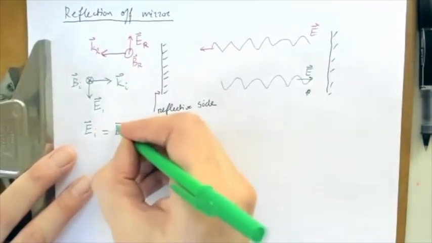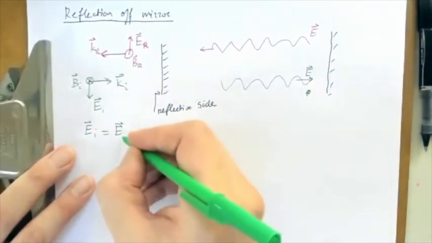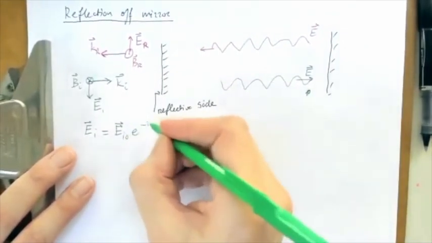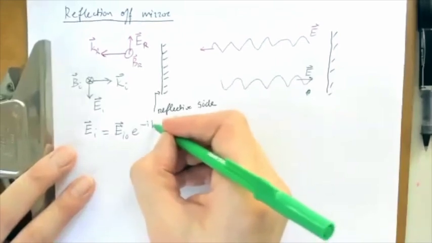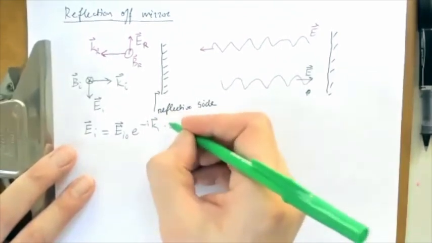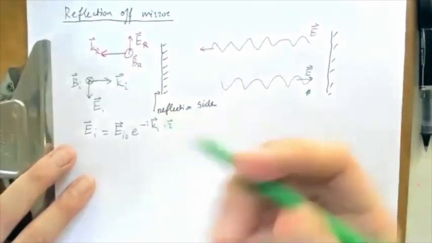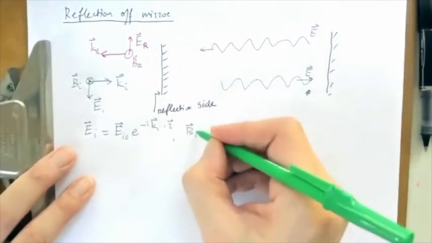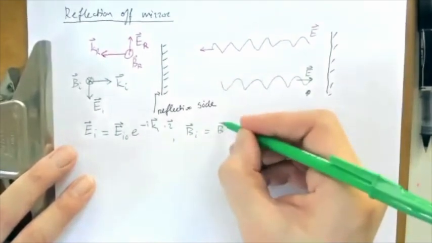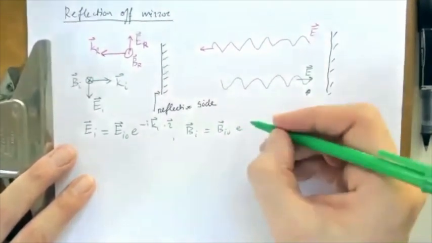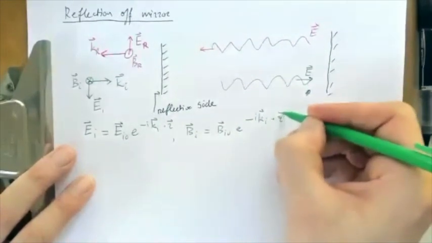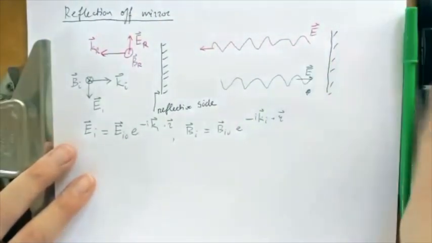It has a prefactor E_I0, and it's e to the power minus i k_I dot r vector. So that's the incident wave. And then there's a B field incident, that's B_I0, e to the power minus i k_I dot r. All right, so that's the incident field.